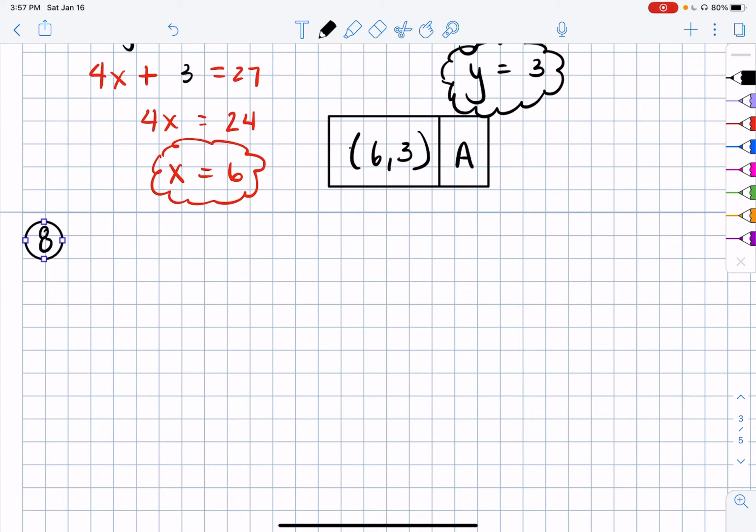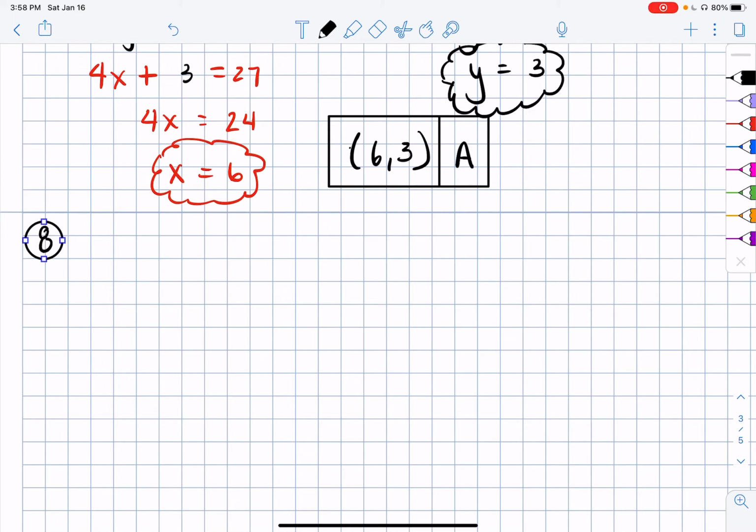All right. My next sheet here. Number 8 is something that you all had an issue with. Now with word problems, the key is to do it in parts.